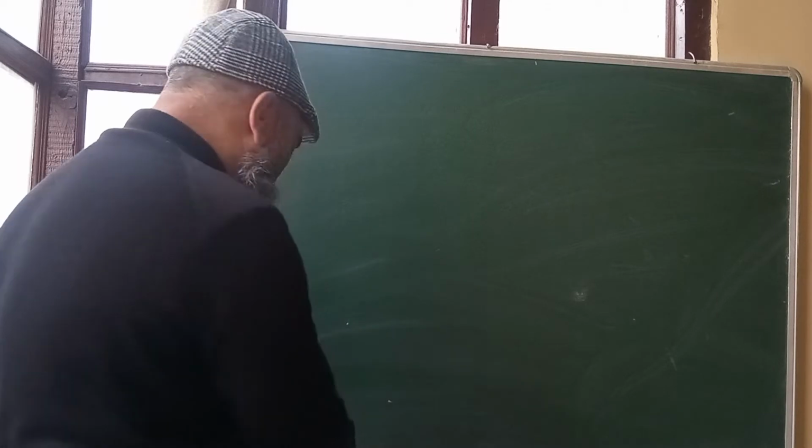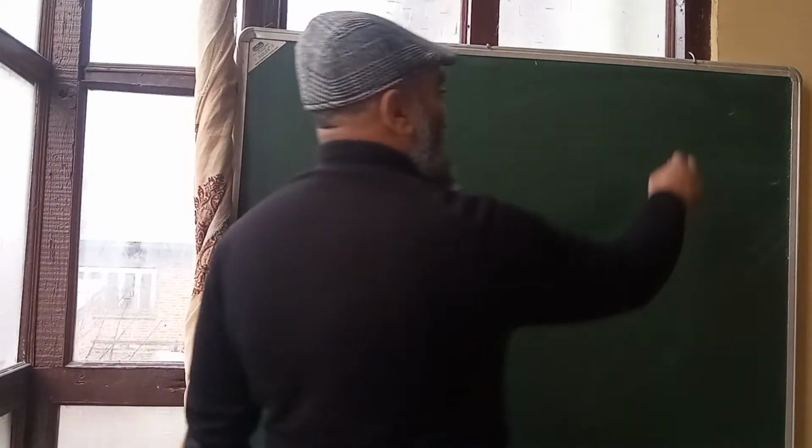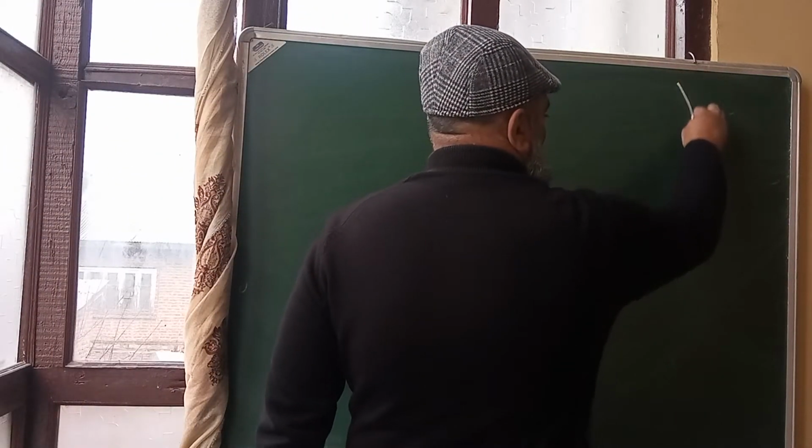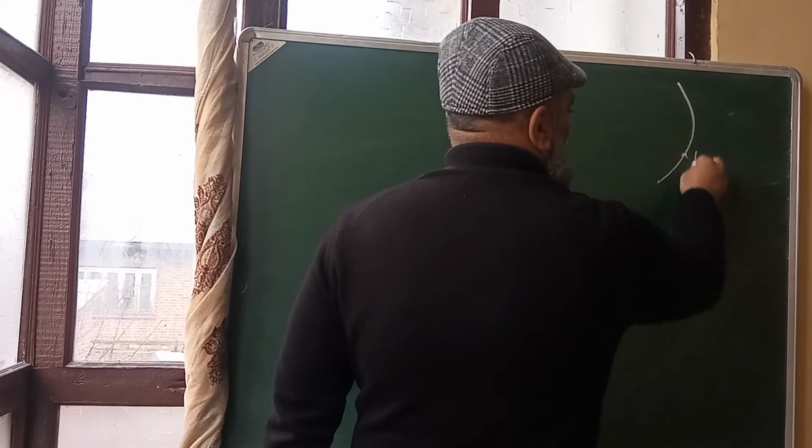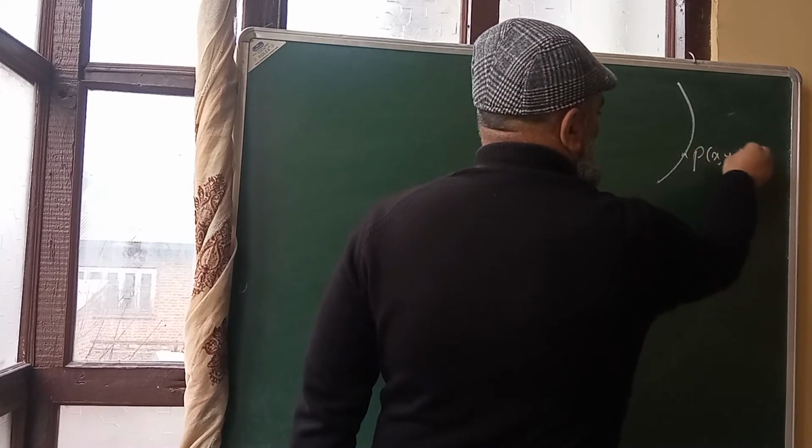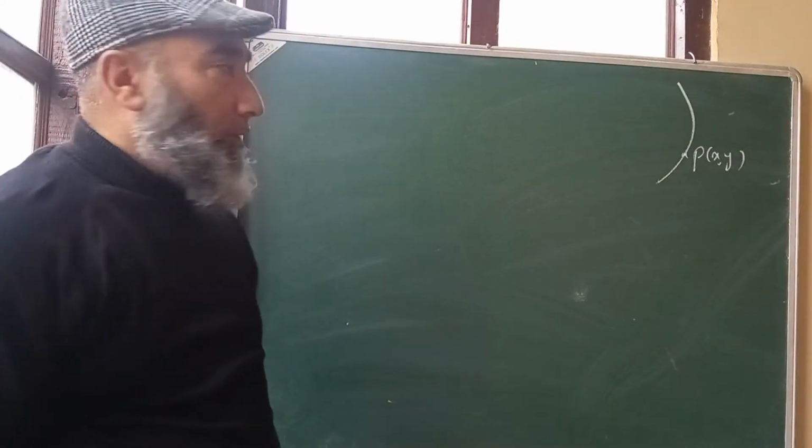Now, in terms of Cartesian coordinates, what is the formula? If you have point P (x, y), what is the radius of curvature?